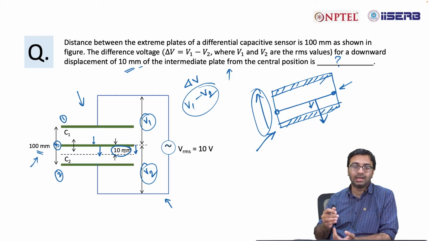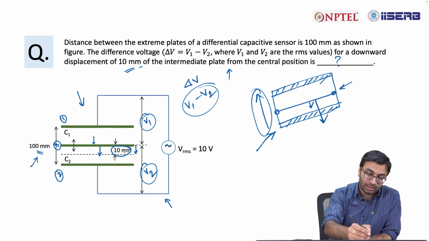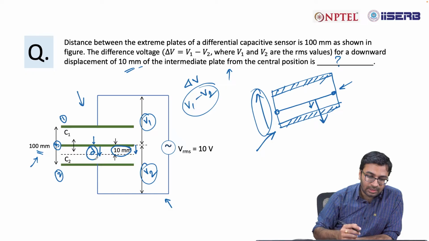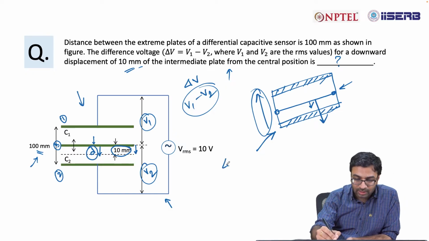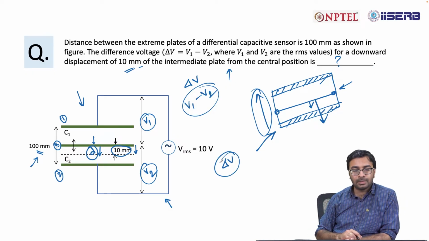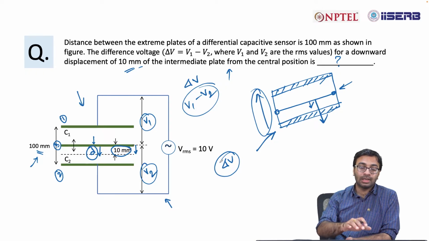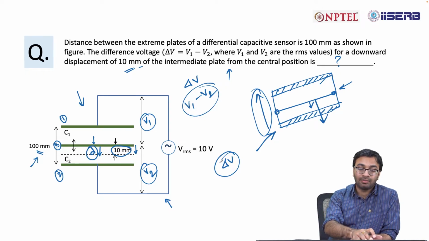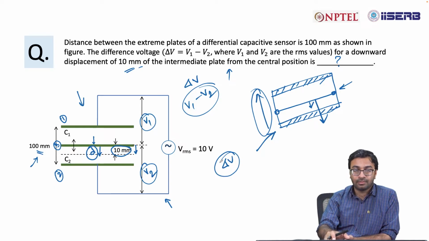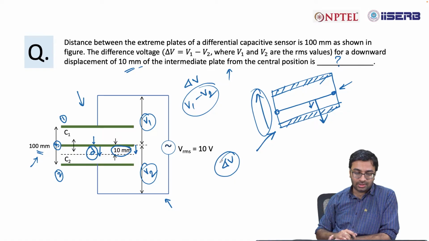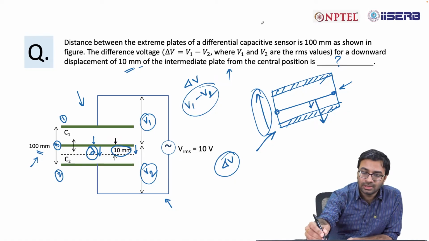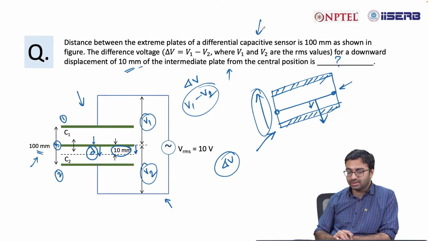In fact, you can derive an equation for how this distance d is related to delta V, and that equation will help you figure out the calibration curve of this sensor with respect to distance. But let us first solve this problem that is given to us.